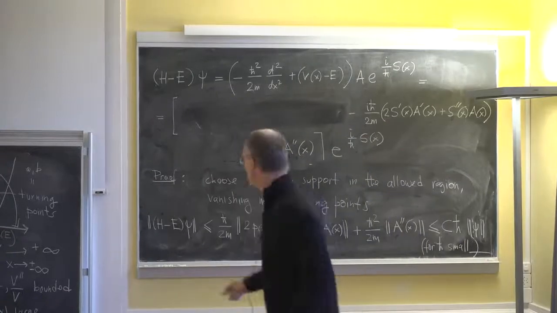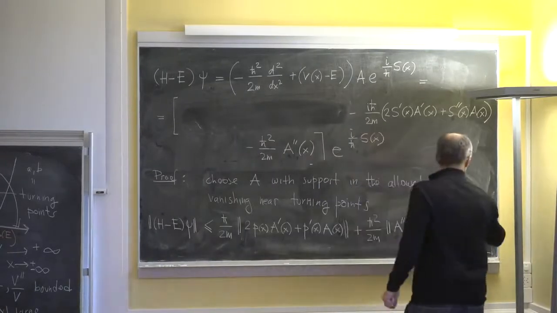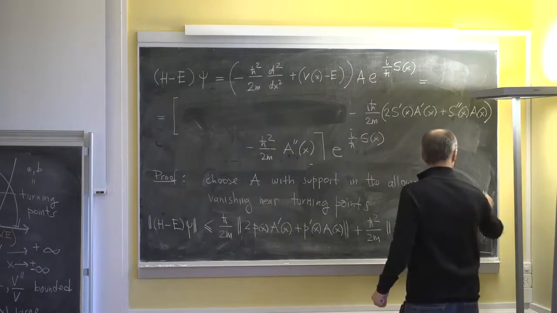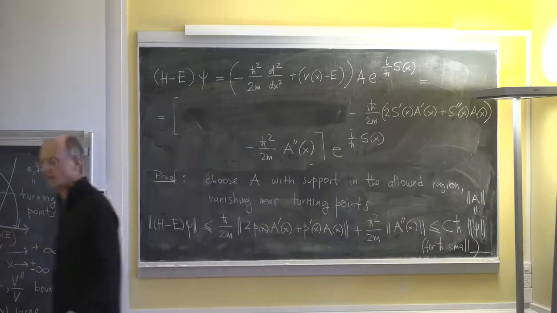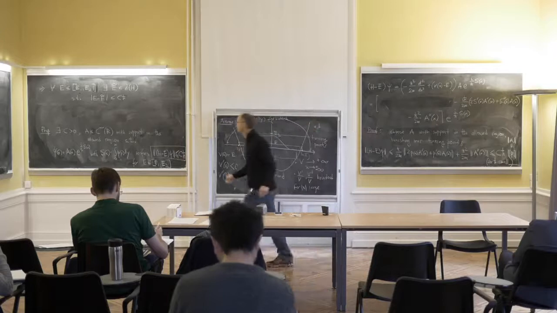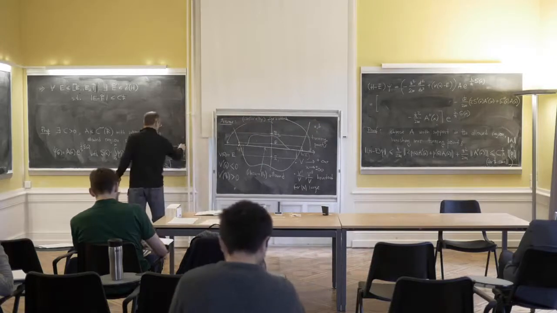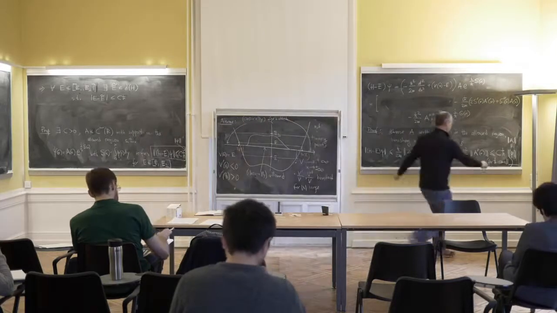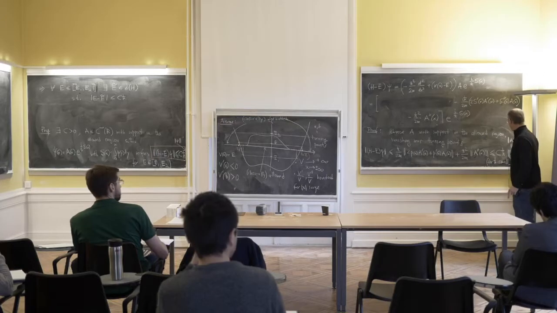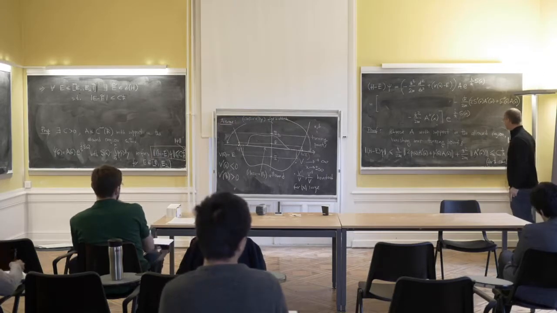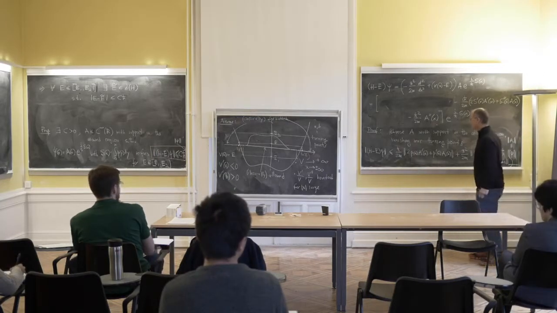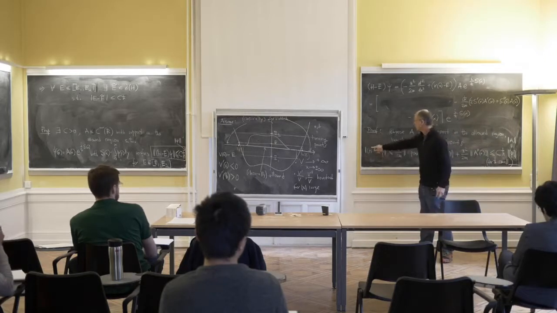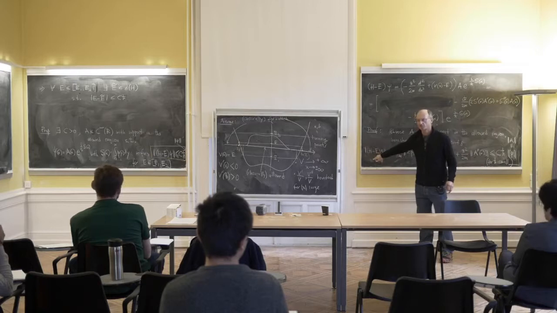The norm of psi is equal to the norm of A. So this would contradict this bound because you see now psi would be H minus E to the minus 1 of that guy, right?